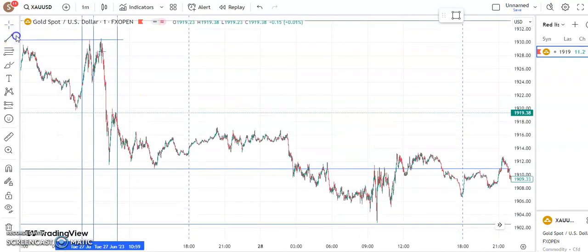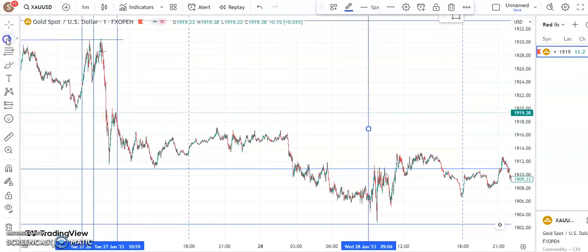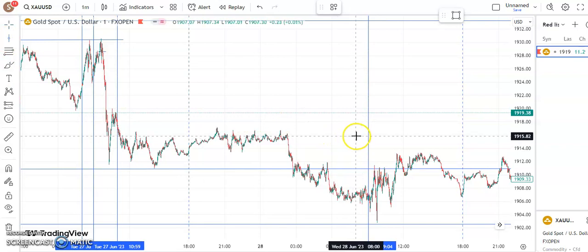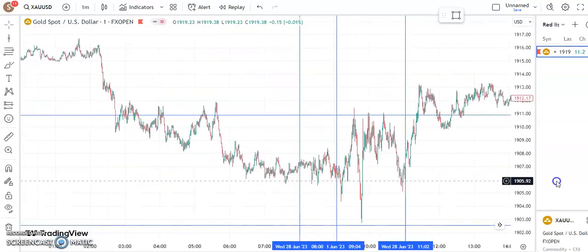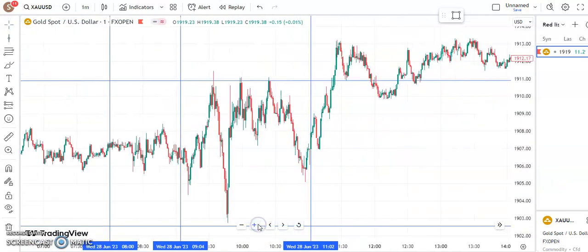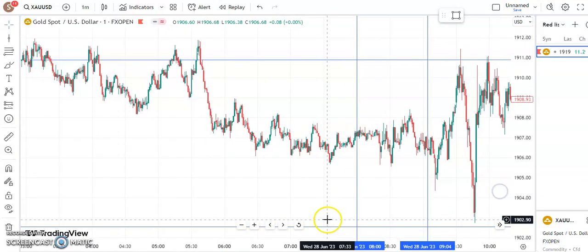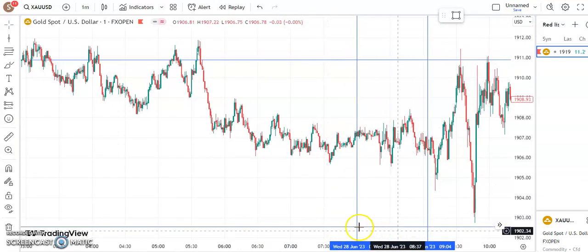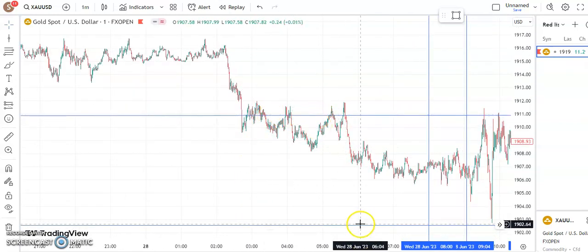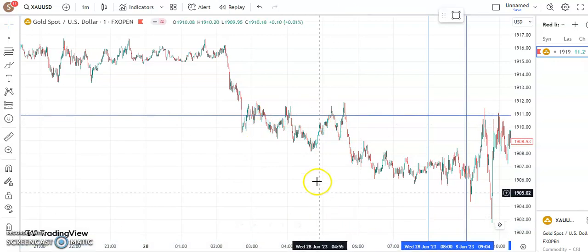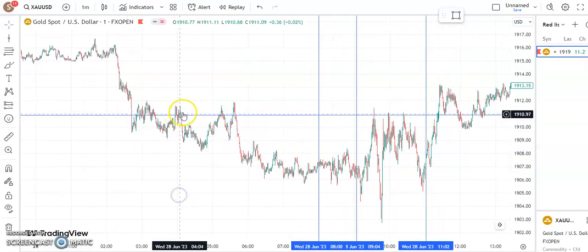So Wednesday, 9, 8, 11. So we have our low of the week here. Oh, here. This is the low of the previous week. Let's remove it.